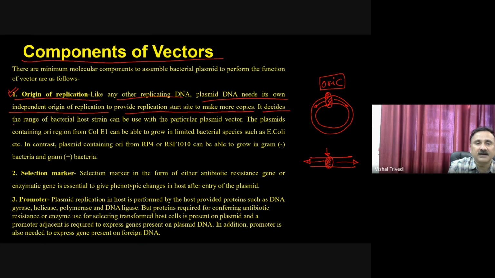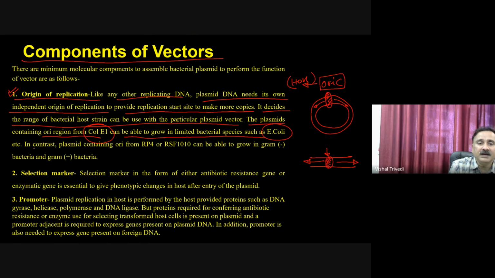It decides the range of bacterial host strains that can be used for a particular vector. So this origin of replication decides the number of hosts it is going to be comfortable in. For example, a plasmid containing the origin of replication from ColE1, which is from a bacterium, can grow in a limited number of bacterial species such as E. coli.